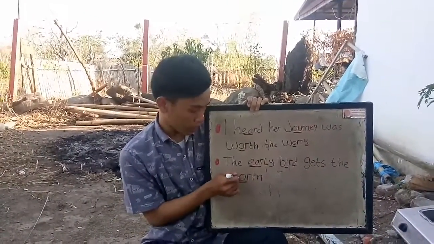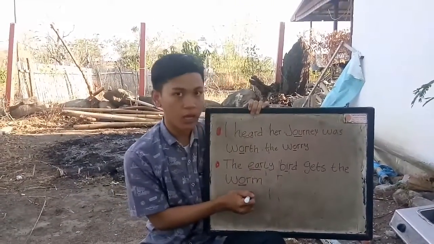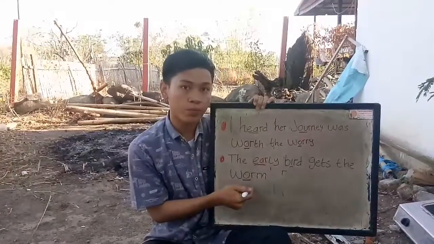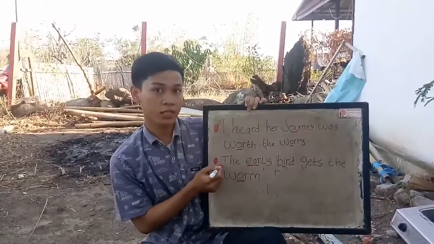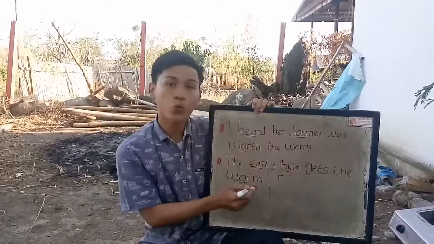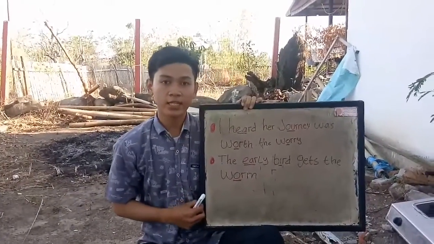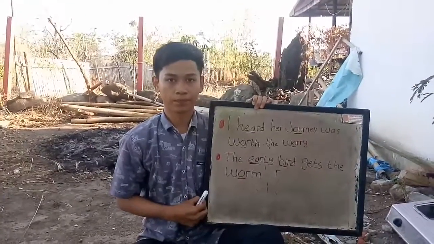Worm is also with the letter O. Okay, worm. So the example is: the early bird gets the worm. This is the example of the sentence for the sound E.